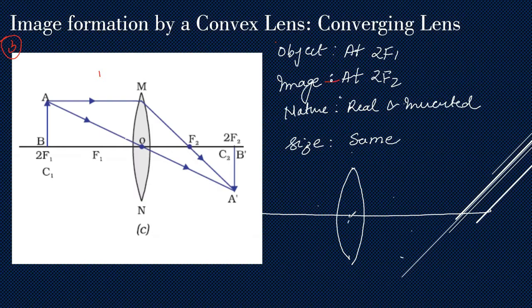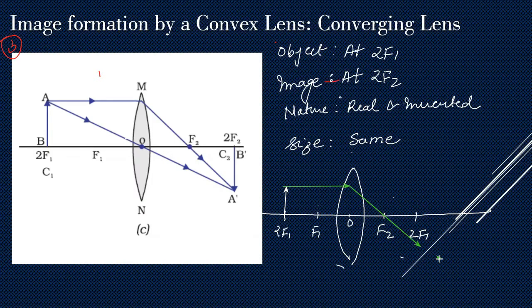Principal axis, optical center, f1, f2, 2f1, 2f2, right? Okay, this is my object at 2f1. Now these green colors are my rays. Again, one ray, take parallel to principal axis, let it pass through focus.